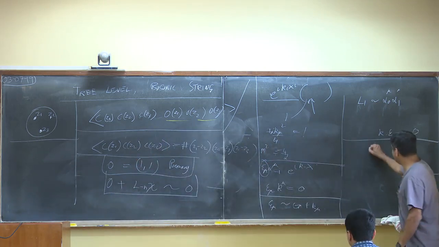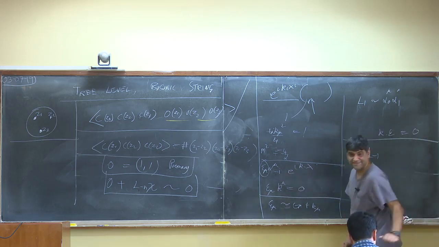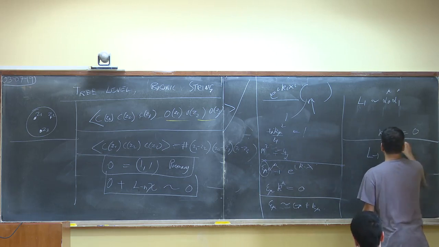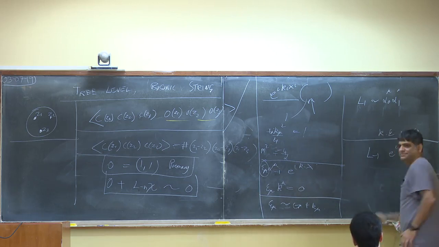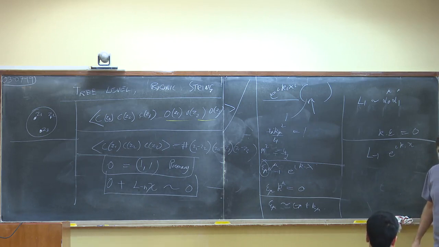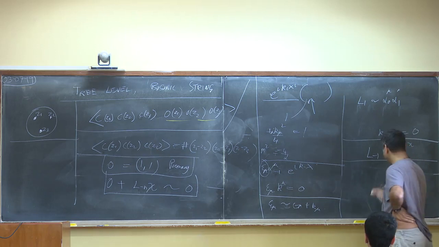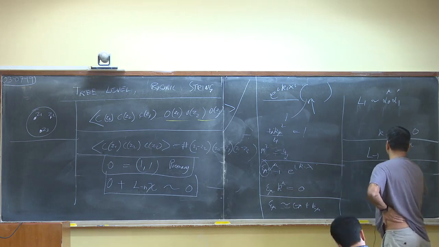Suppose we take L minus 1 acting not on this state, but on e to the i k dot x. I'll first work with our state language. There's actually a very cute way to say it in operator language, but first let's do it in state language. In state language, L minus 1 has a term that is alpha 0, alpha minus 1.